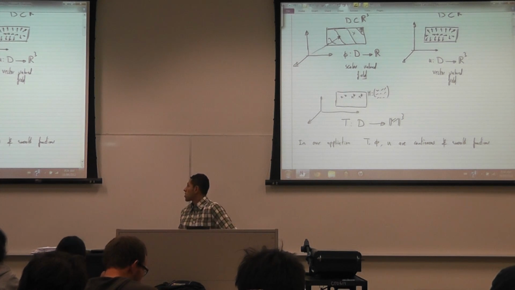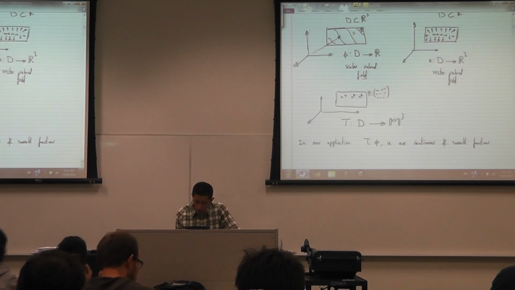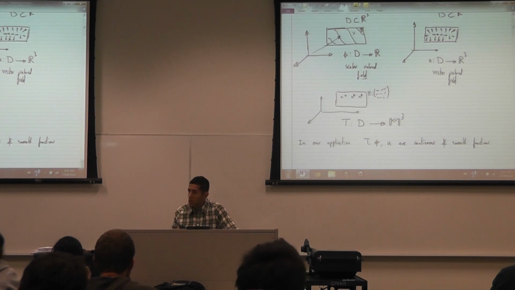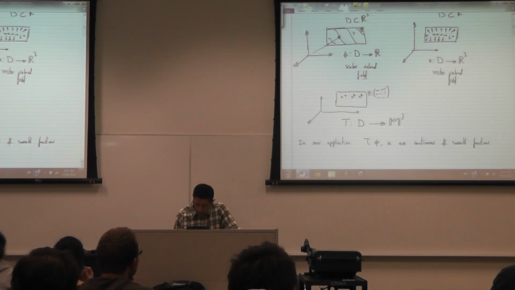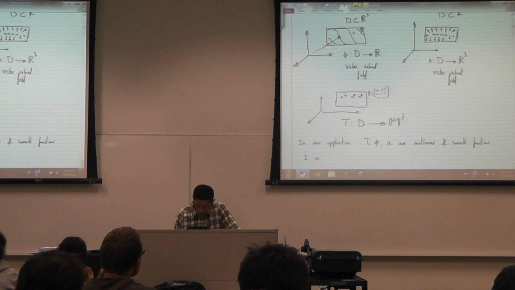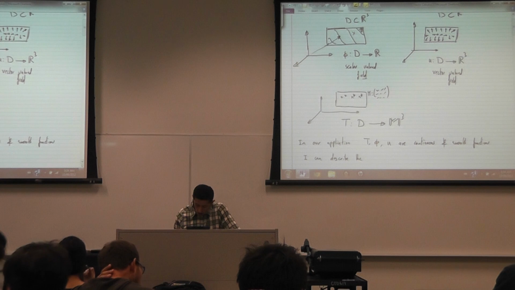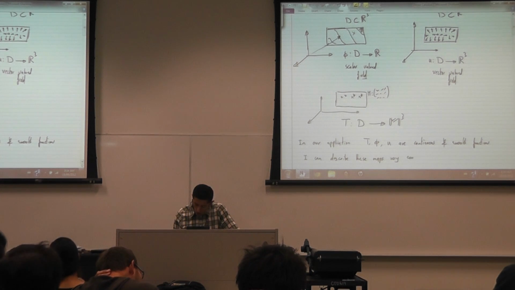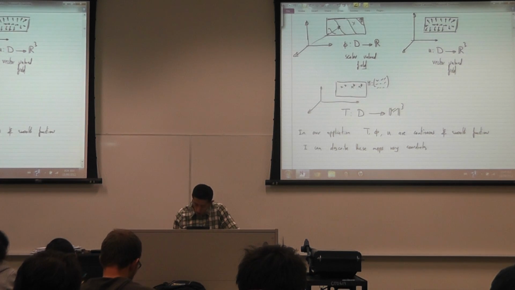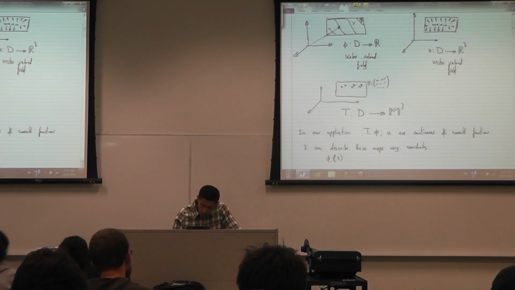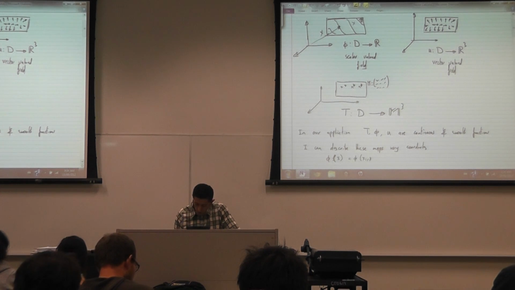Since they are smooth and continuous functions, and since my object is described using coordinates, I can describe these maps using coordinates, which means phi of the vector x becomes a function of the coordinates.